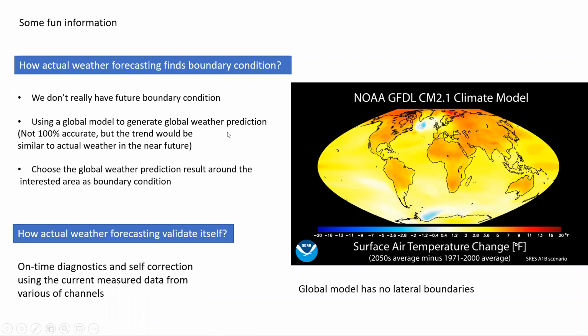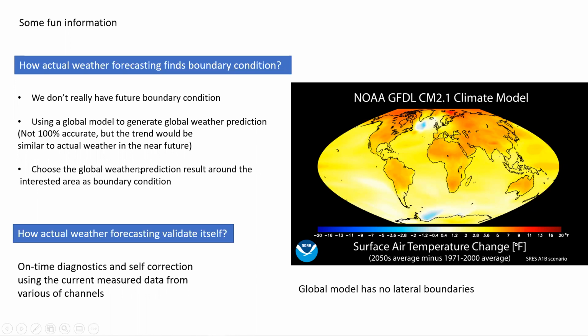And then we use that global model to generate the weather prediction for the next 5 days. In that model output, we go to the Sydney location and use the output in the global climate model at the city location as the boundary condition for our regional model. That's how weather forecasting finds the boundary conditions.